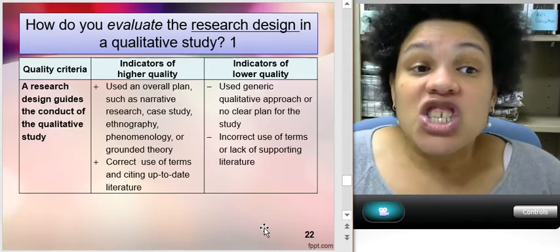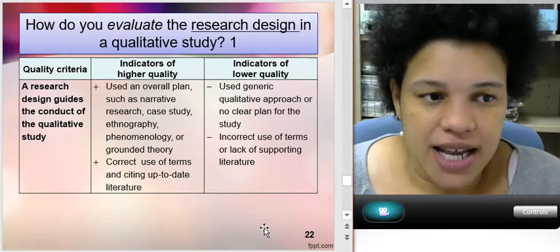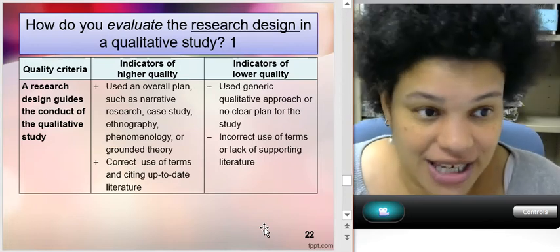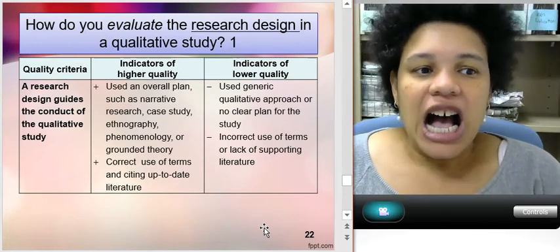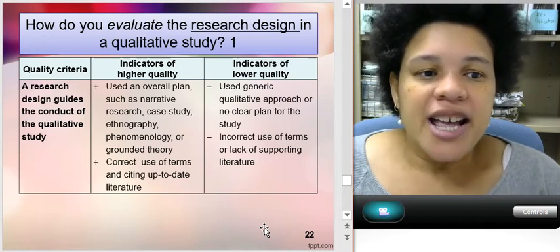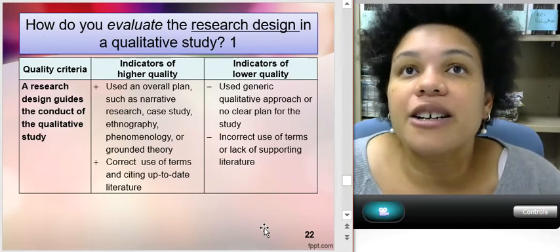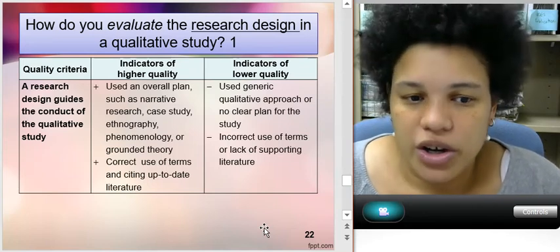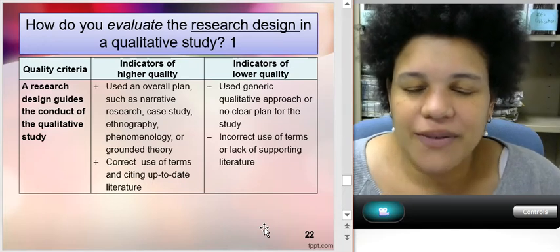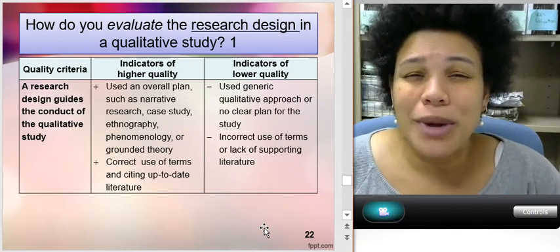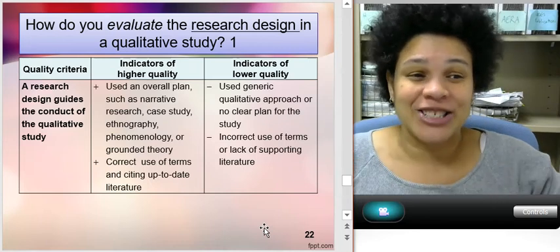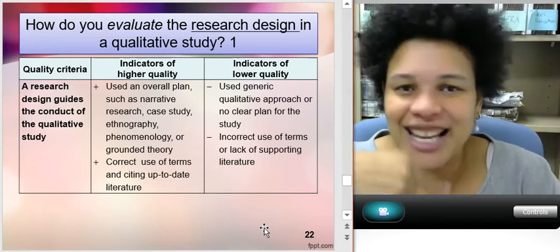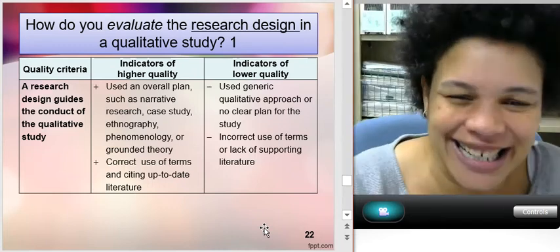Okay, so how do you evaluate the design? Now, a lot of this is going to remind you of how we were talking about evaluating quantitative research design. When I think of doing quantitative versus qualitative work, in quantitative, I spend so much time figuring out every single detail, and then the actual analysis is like I hit enter and I'm done.